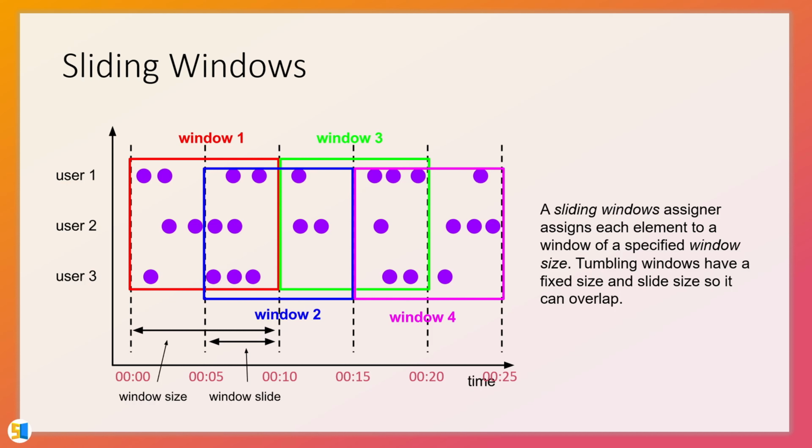For example, we could have a window of size 10 minutes, right? That slides by 5 minutes. So with this we can get, every 5 minutes, a window that contains the events that arrived during the last 10 minutes.